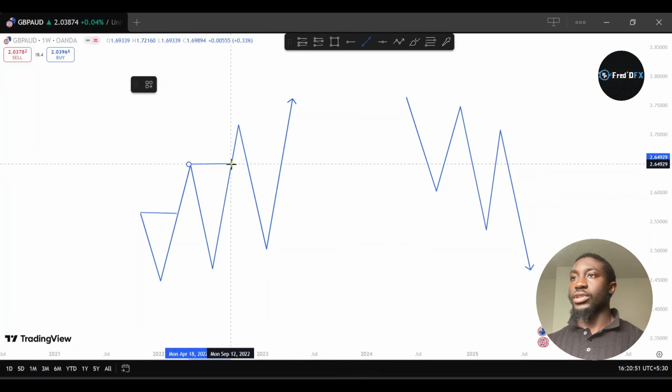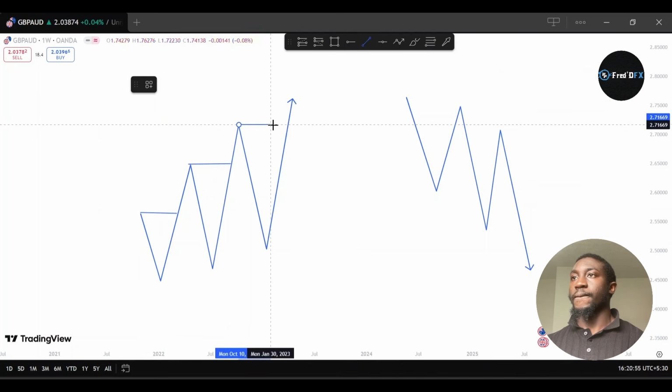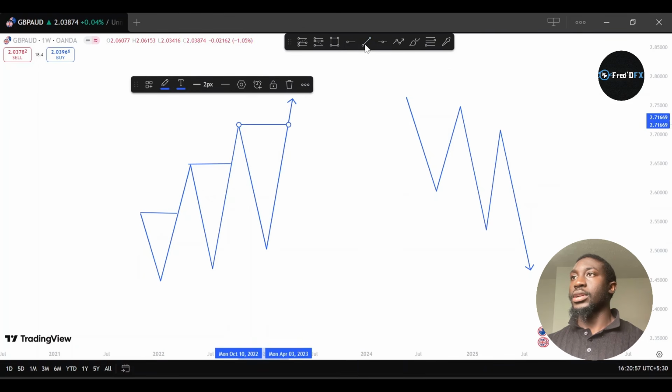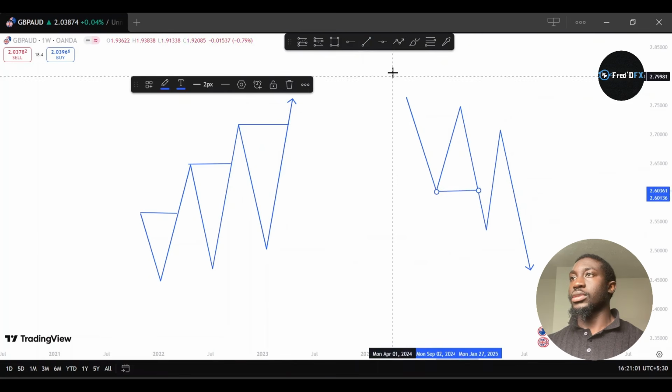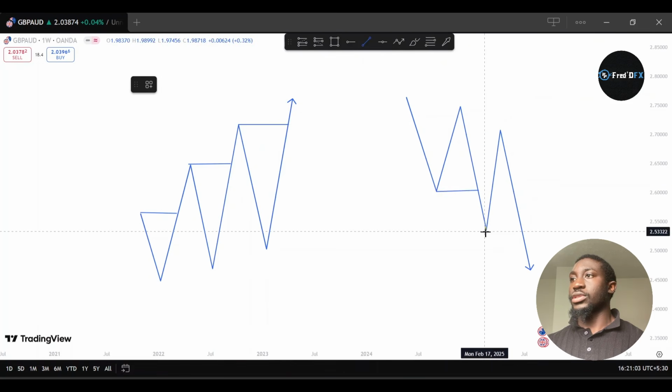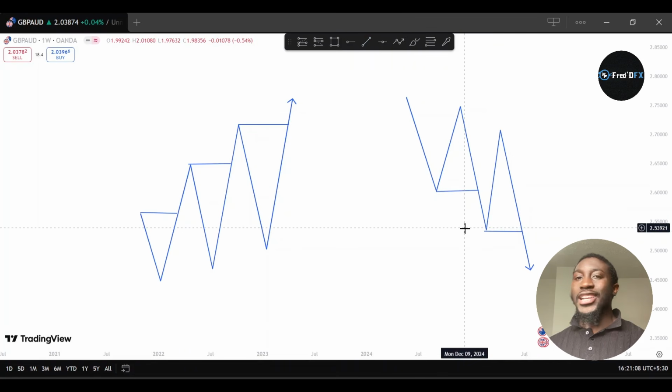For your set bias, this is your break of structure. So the first step is your market structure, which is the directional bias, and the second step is your break of structure. Follow me step by step.